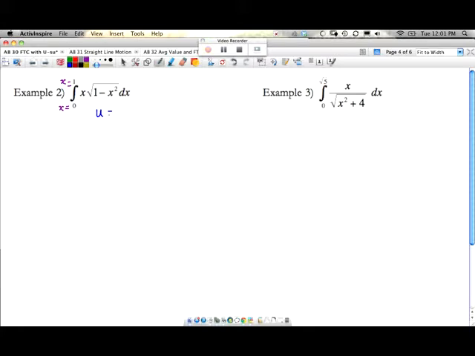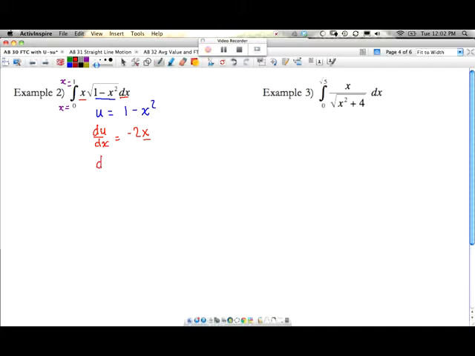Let's figure out what u equals. In this case, u is going to be the inside layer, which is 1 minus x squared. And then if I want to take the derivative, I would have du/dx equals negative 2x. I notice up here that I have an x dx. So I need that x there, but I don't need the negative 2, so I'm going to swap the negative 2 and dx.